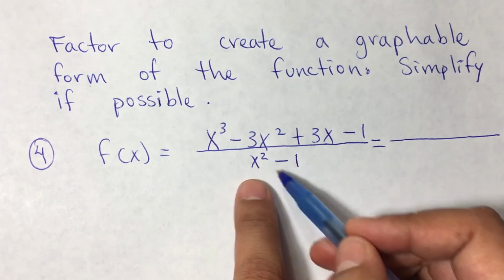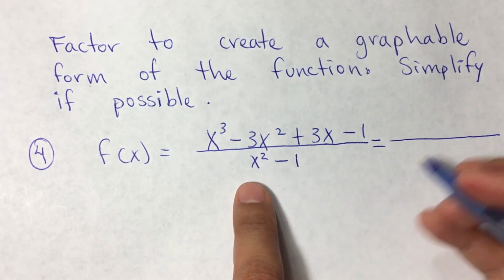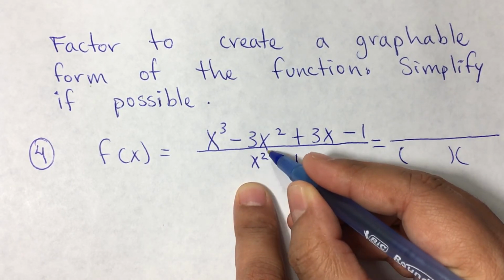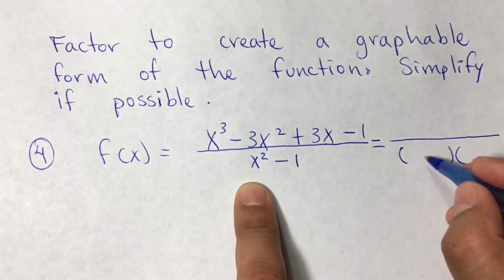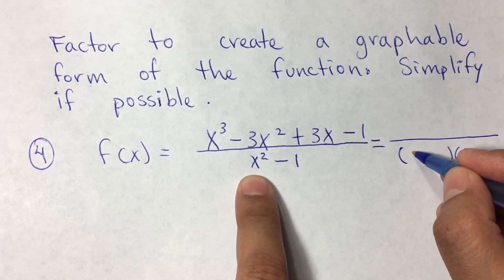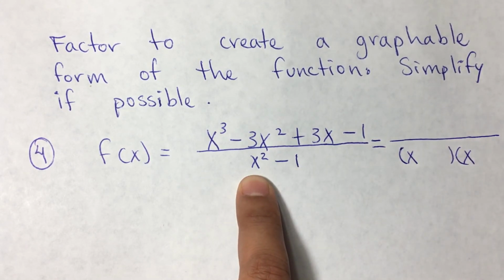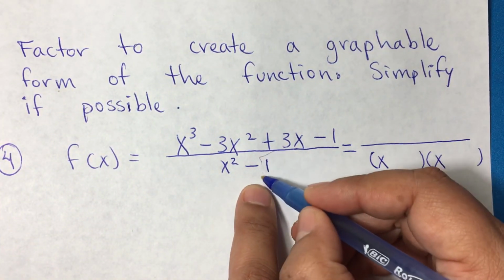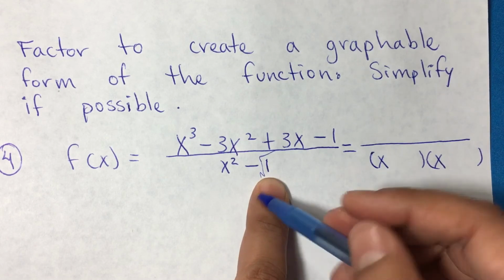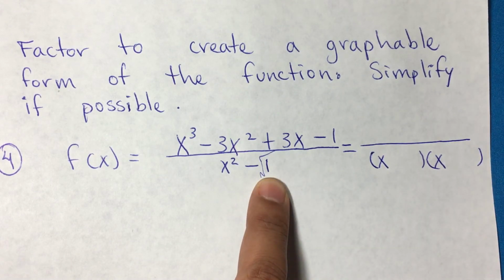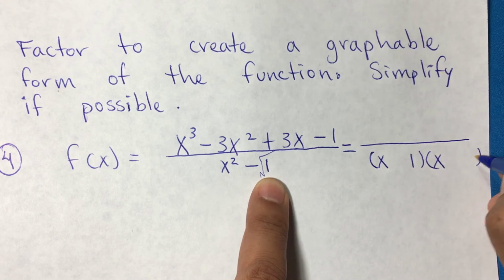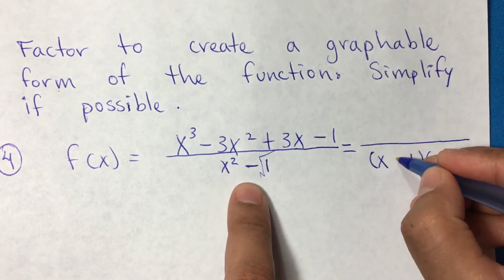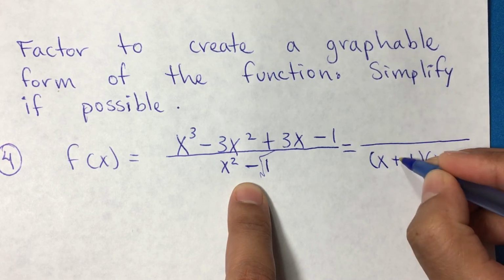Whenever you have a difference of perfect squares, all you have to do is open two parentheses, take the square root of the first term, so the square root of x squared is x, and put it in each one of those parentheses. Then you're going to do the same thing. You're going to take the square root of the second term without taking into consideration the negative, and so it's going to be 1 because the square root of 1 is 1. But because of this difference, you're going to put plus and minus.